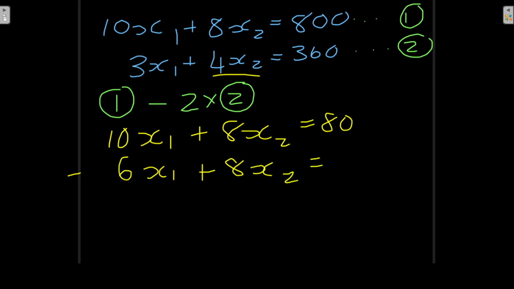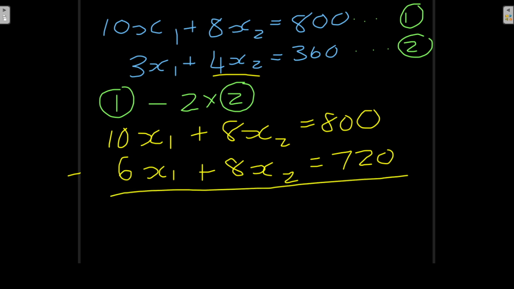And then, sorry, that is an 800. And then 2 times 360 will be 720. And if I subtract them, I get 10x1 minus 6x1 is 4x1. 8x2 minus 8x2 will just give me 0. And that's what we are trying to do.